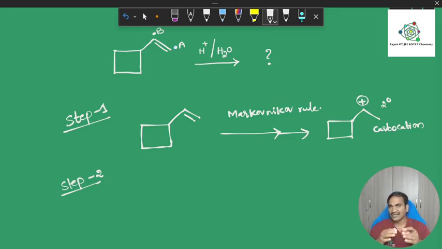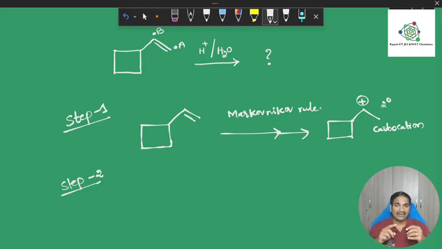What is the reason behind it? In small rings, the bond angle strain is more. That's why they can't exist with that angle, so they enhance the angle of the ring. That's why a 4-membered ring will become 5-membered, and a 5-membered ring will become 6-membered.